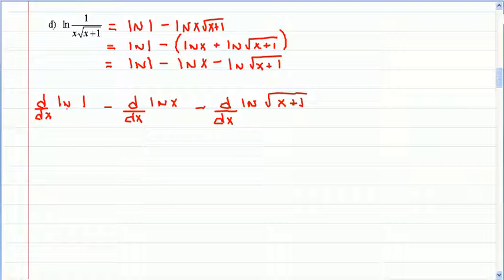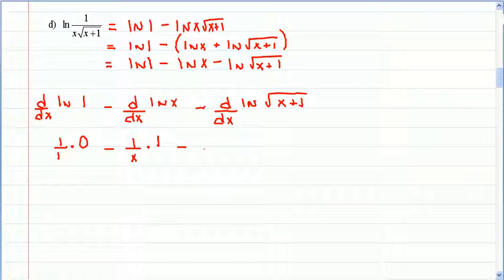And the derivative of the ln of 1 is 1 over 1, and then the derivative of 1 is just 0, so I multiply this by 0, and then minus the derivative of the ln of x is 1 over x, and when I take the derivative of the denominator it's just 1.